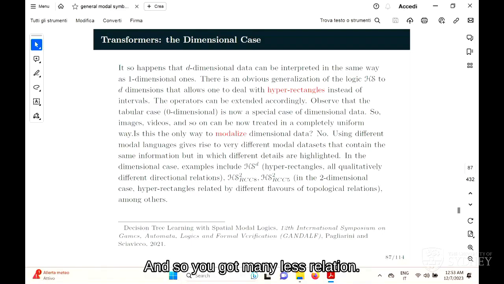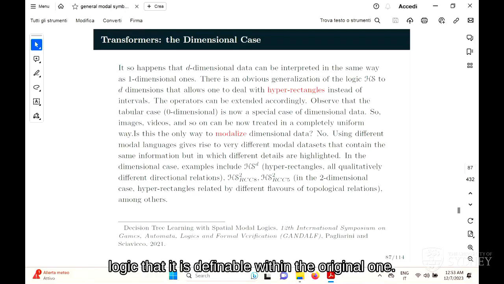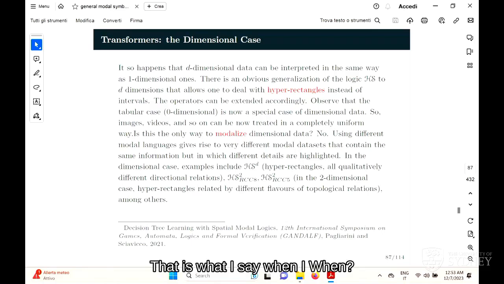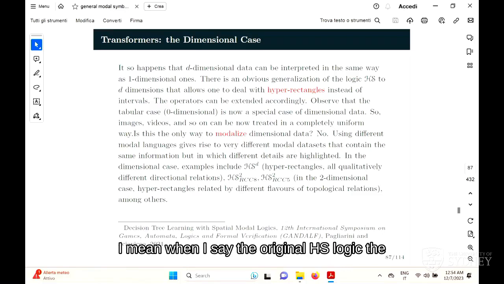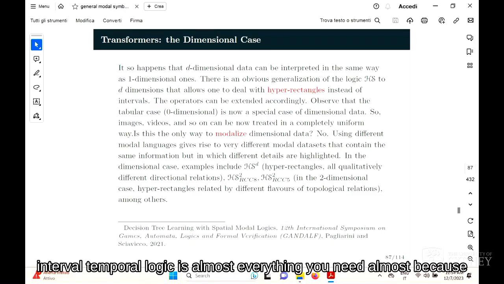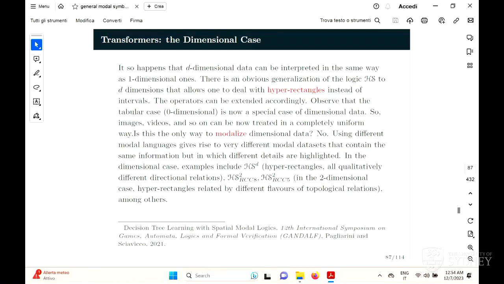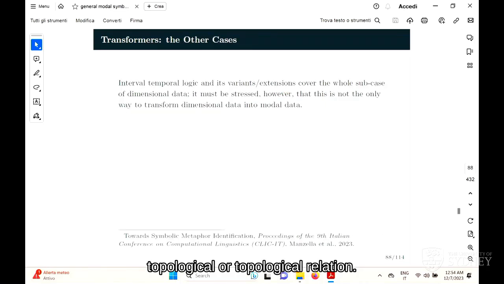And so you get many fewer relations, 8 of them in the RCC8 algebra, or even 5 of them. I don't know if you know, there are several versions of that. And you get a new logic that is definable within the original one. That is what I mean when I say the original HS logic, the interval temporal logic, is almost everything you need, almost, because you can define everything within it. So there are different flavors of topological relations.